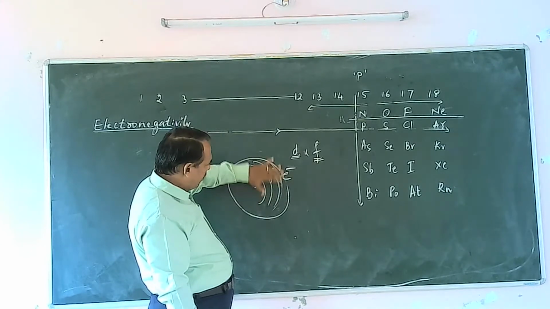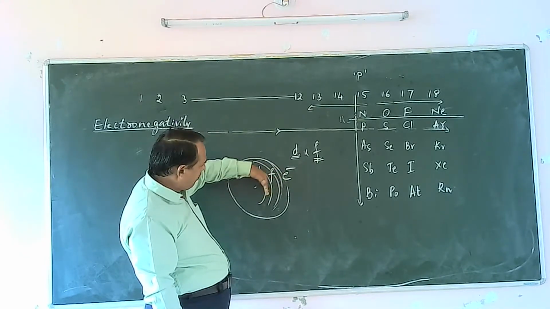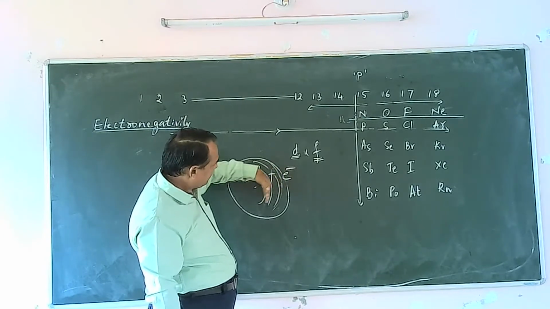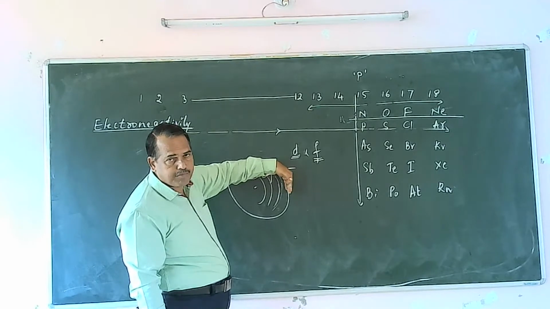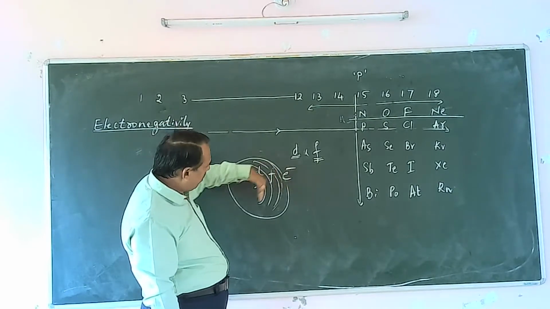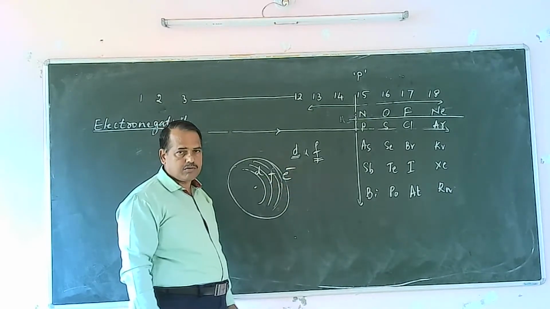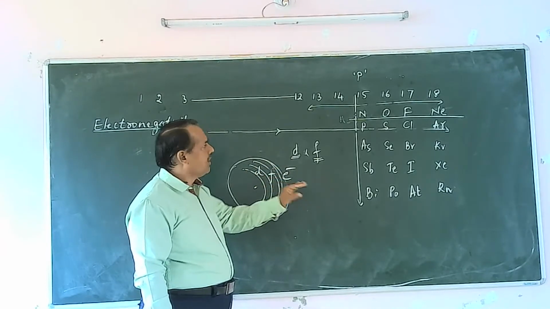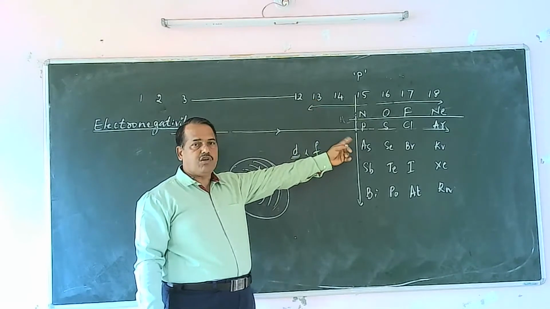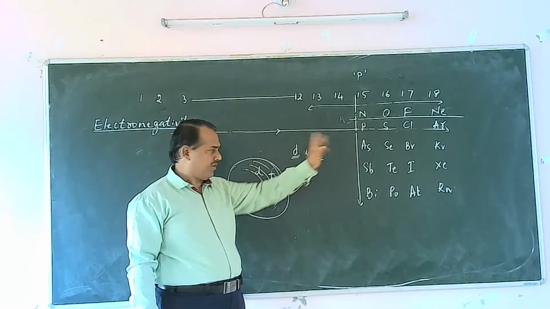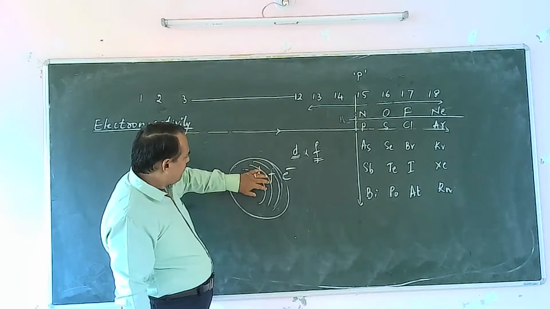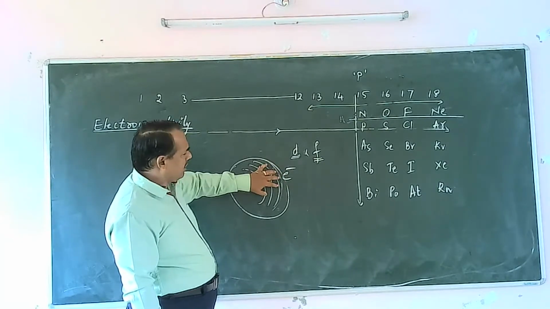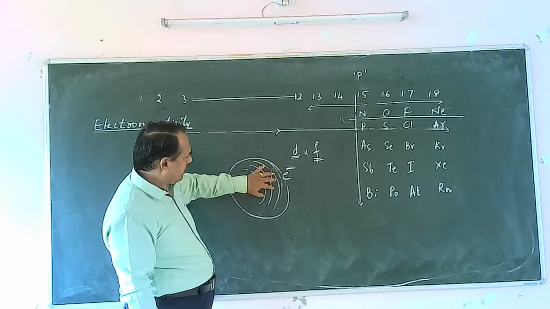That reduction of force due to the presence of orbitals or shells is called the screening effect, or the shielding effect. So this shielding effect causes a lot of difference in the properties of p block atoms. There is a diversity due to the screening or shielding effect.